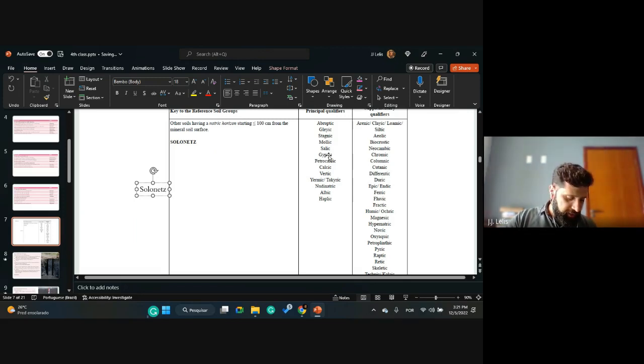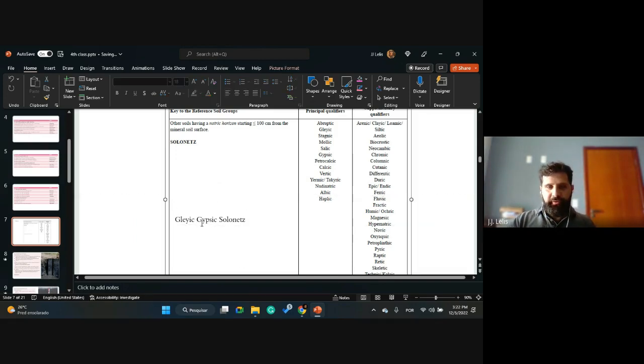So in this case, I will insert this information: clayic and gypsic solonetz without any kind of comma. So the principal qualifiers come before the name of the reference soil group.